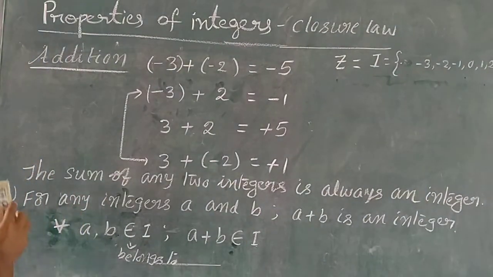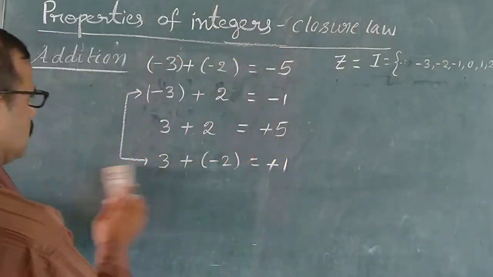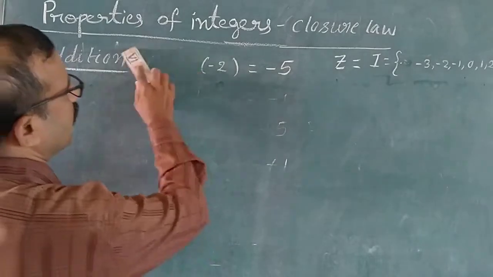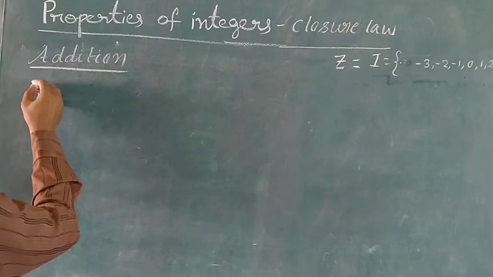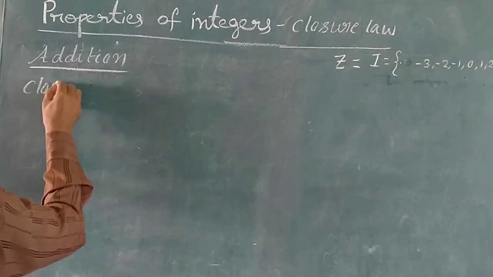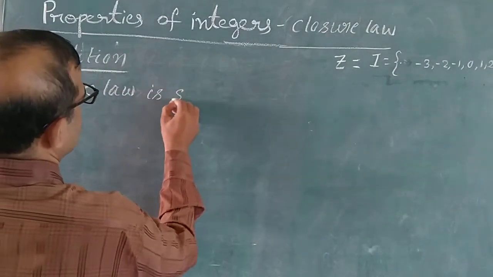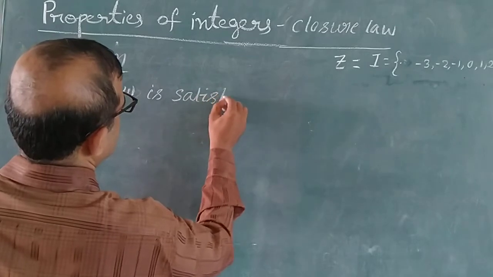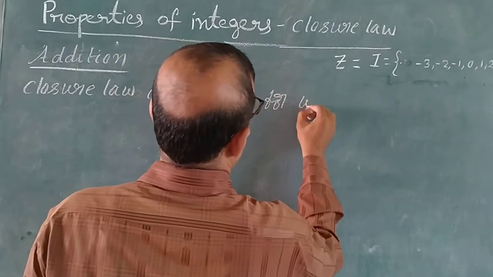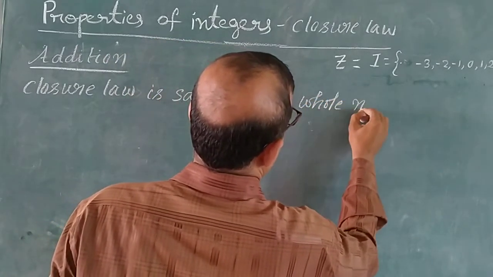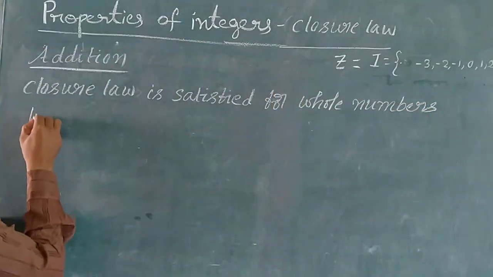So what do we conclude from this one? Closure law is satisfied for whole numbers with respect to addition.